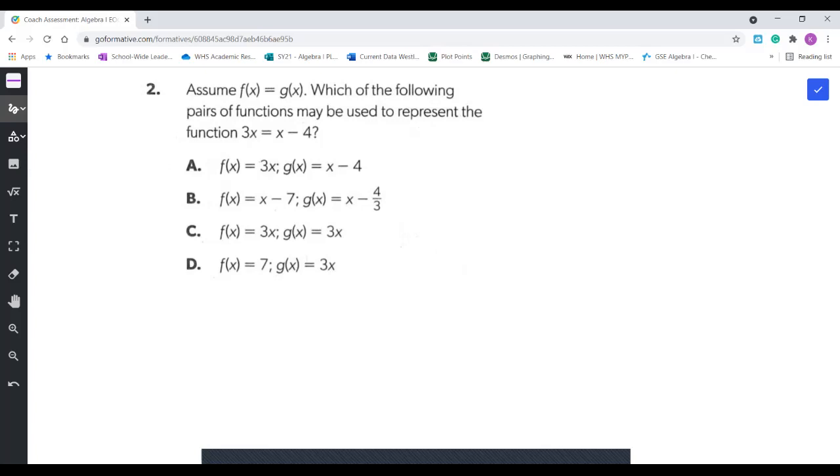All right, assume f of x equals g of x. So I have a function f set equal to function g. Oh, I guess I could record it. I wonder if I shared my screen, could I do both? Let me see. If I can record it in both locations. Hold on, y'all. Okay, this is going to be interesting. And I'm going to record on Teams as well.